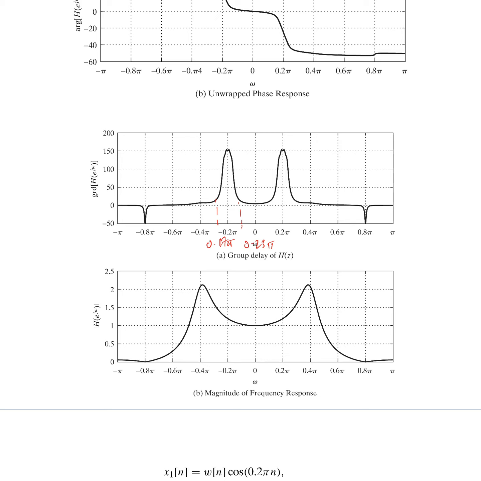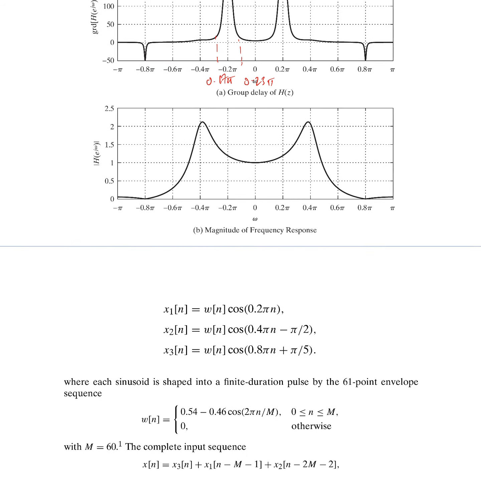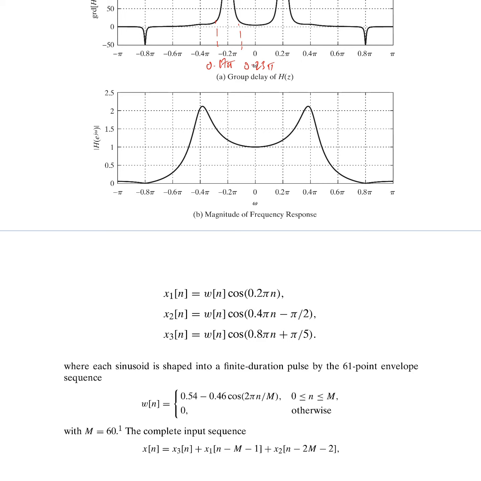Now let's suppose I give a complex-looking signal, where the overall input signal x(n) is the summation of three components x1, x2 and x3. Here x1(n) is equal to w(n) cos 0.2 pi n.